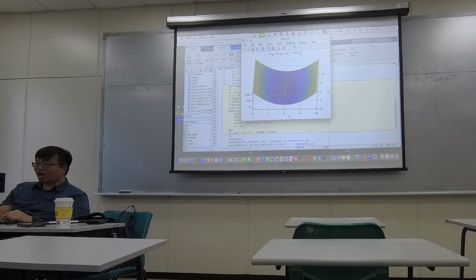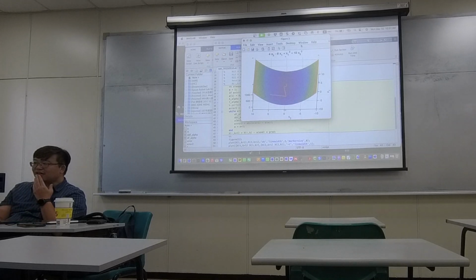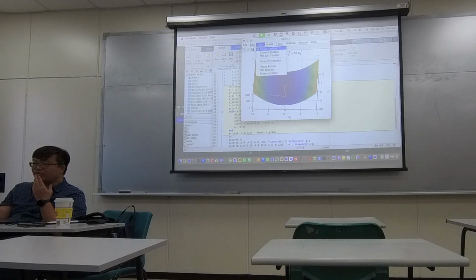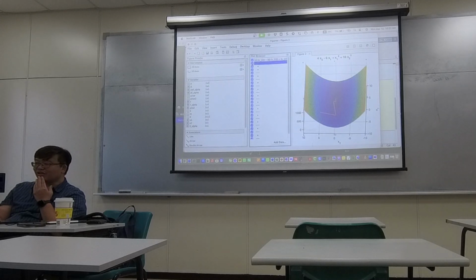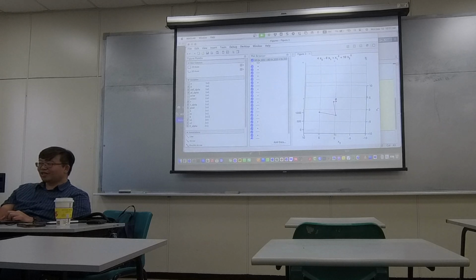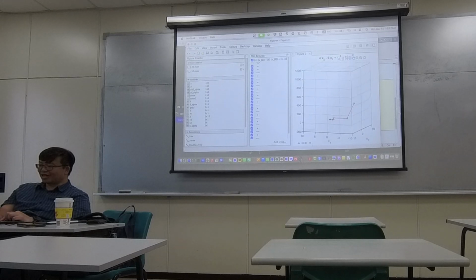Let me turn on this guy, and then not this guy. View this. Okay, and then let me see. Okay, I can turn off this, and then I can do the rotation here, so you can see how it's zigzagging in the space.